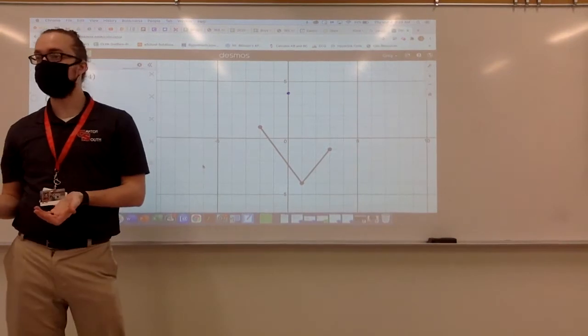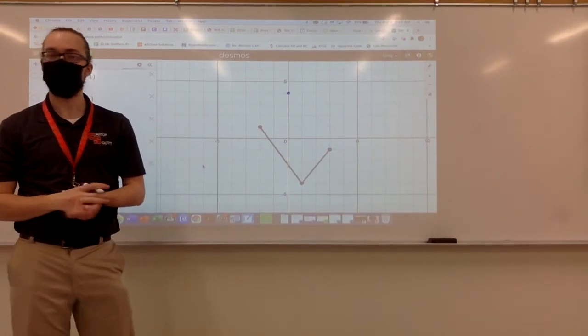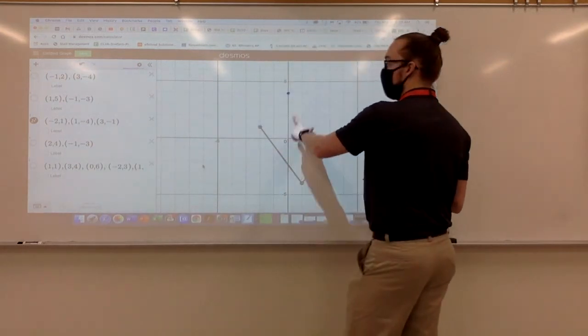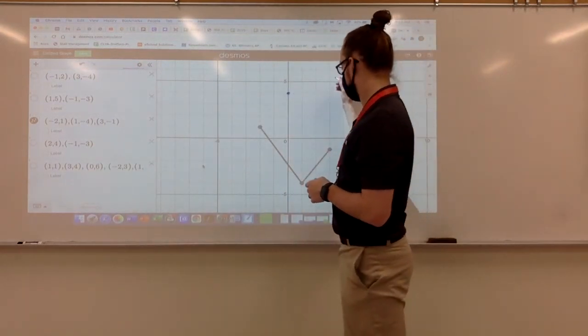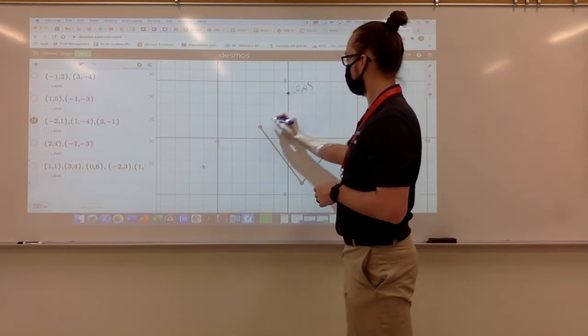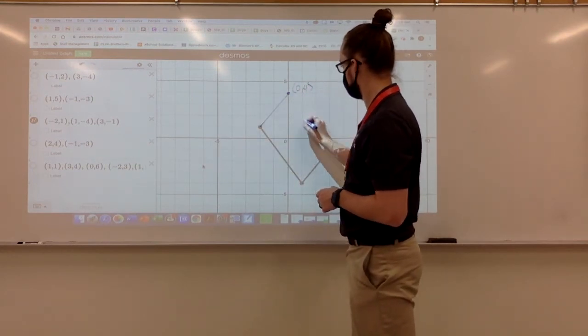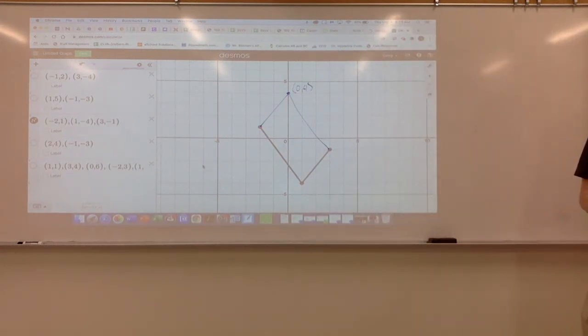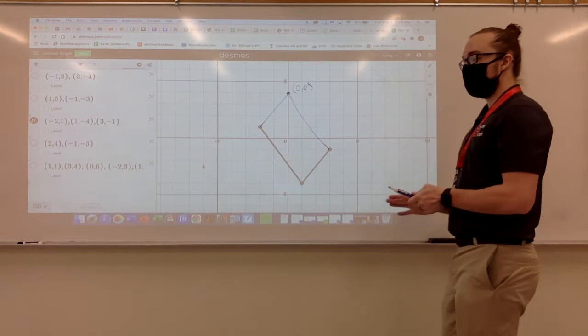That's where my 4th point would have to be, okay? We want to use the graph to do that. So that is the point (0, 4). Okay, we okay with something like that?